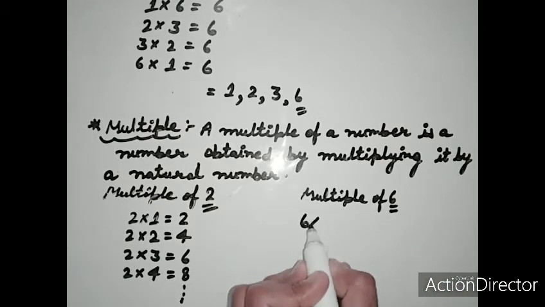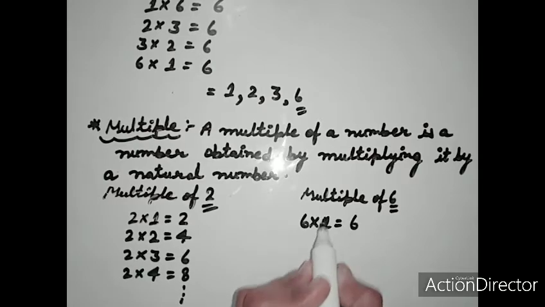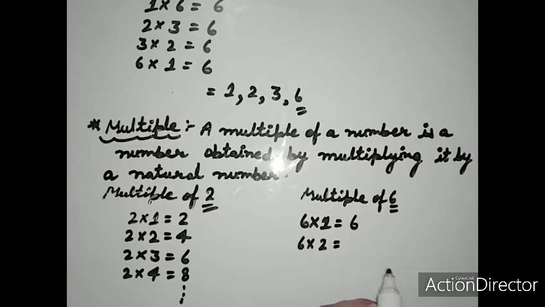So here 6 multiplied by 1, 6 ones are 6. Then 6 multiplied by 2, 6 twos are 12. Then 6 multiplied by 3, 6 threes are 18. Then 6 multiplied by 4, 6 fours are 24, and so on with 5, 6, 7, 8 and the other numbers.